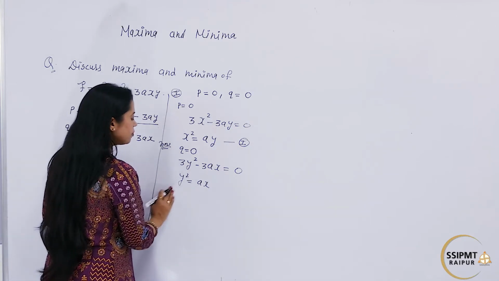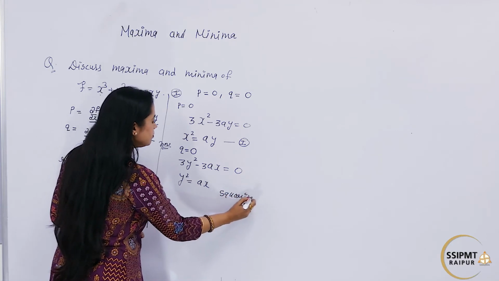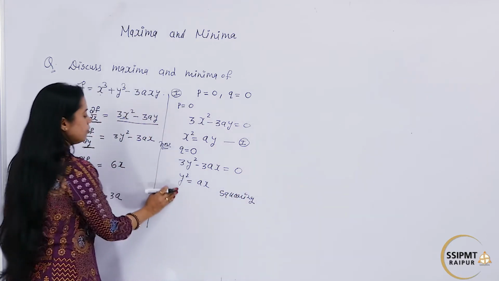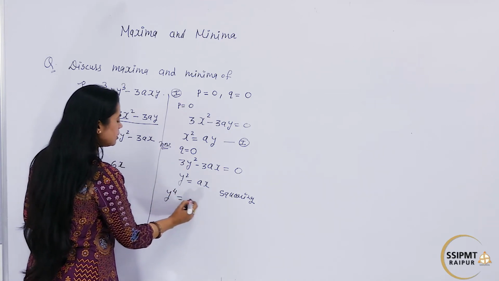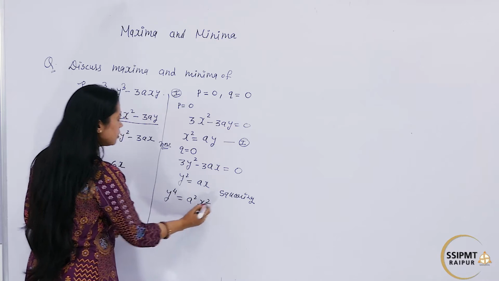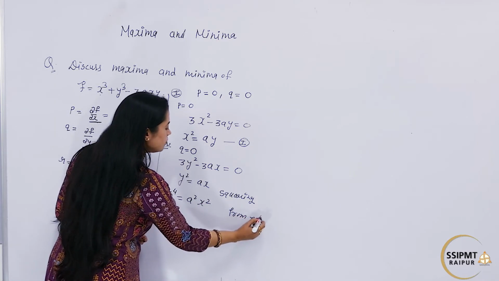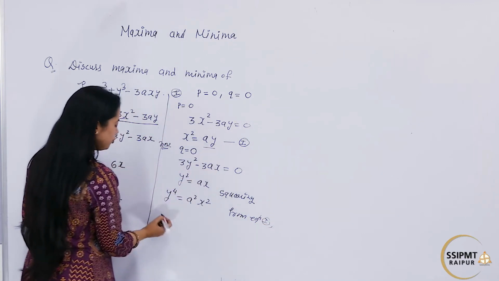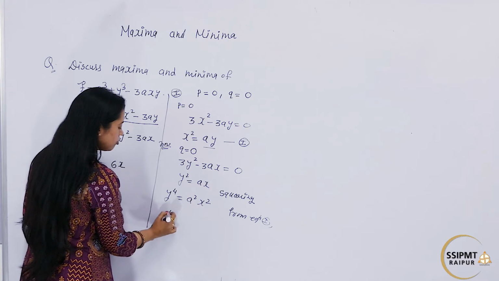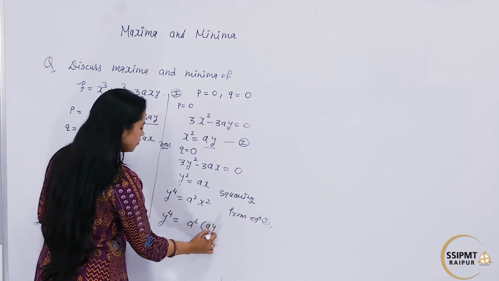So squaring this, we have y to the power 4 is equal to a square x square. From the first equation, as we can see, the value of x square is ay. So putting it over here, y to the power 4 is equal to a square into ay.